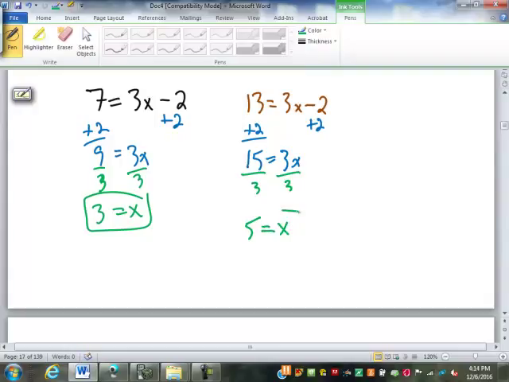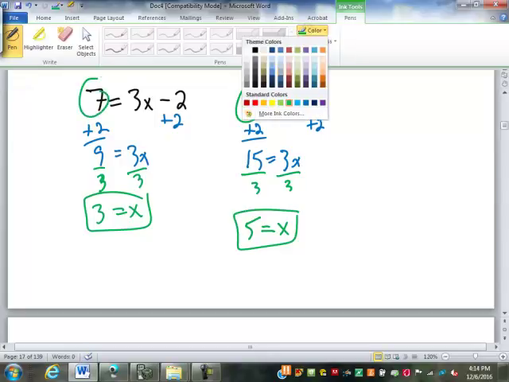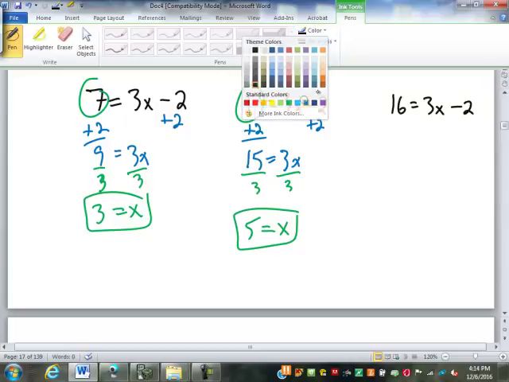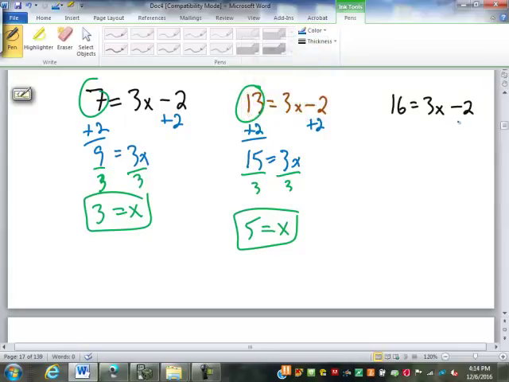Why do we get a different answer? That number was different, right? So what if I have this? How am I going to solve it? Add 2, and divide by 3.